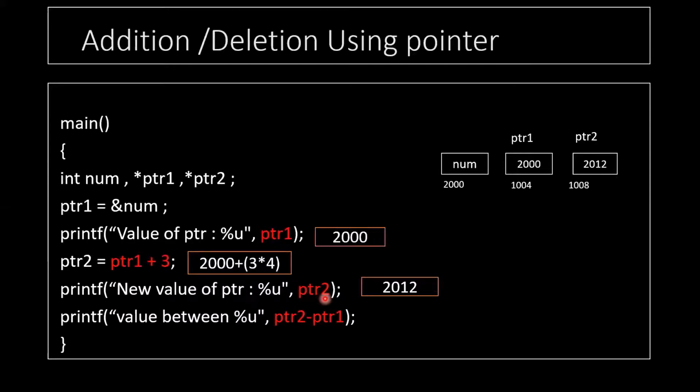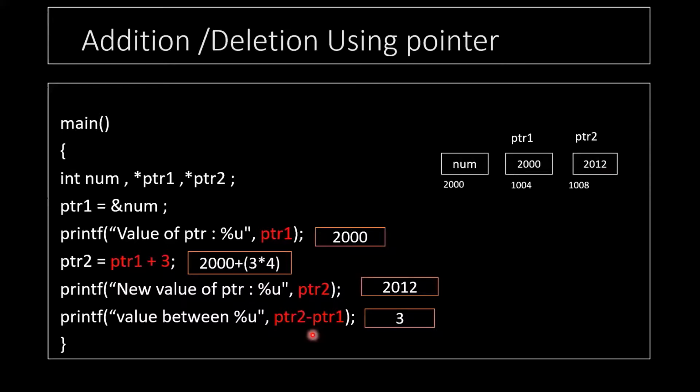Okay. In the next line, we have subtracted pointer 1 from pointer 2. What do you think should be the output? The output is 3. Why is it 3? If you see here, 2012 minus 2000, the output should be 12. How is it 3?